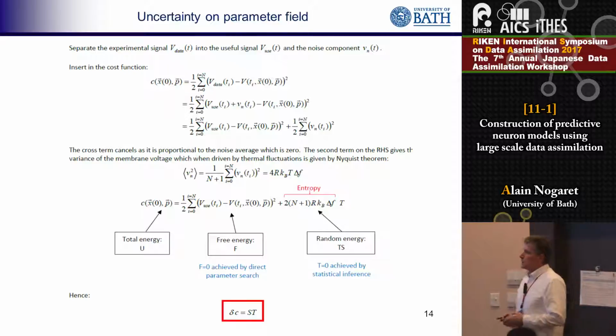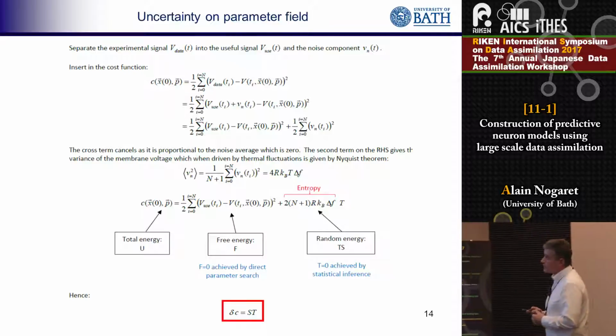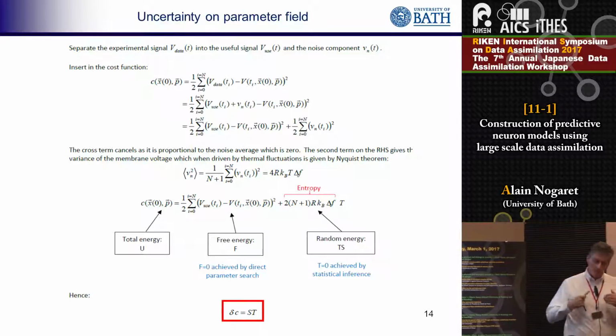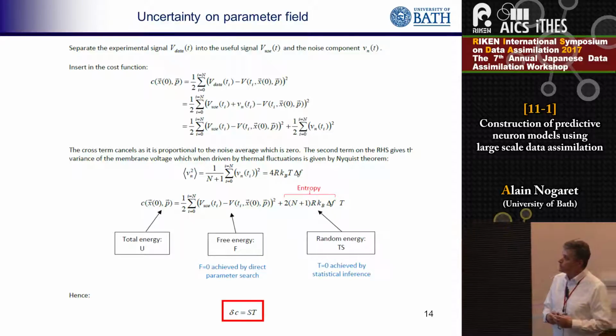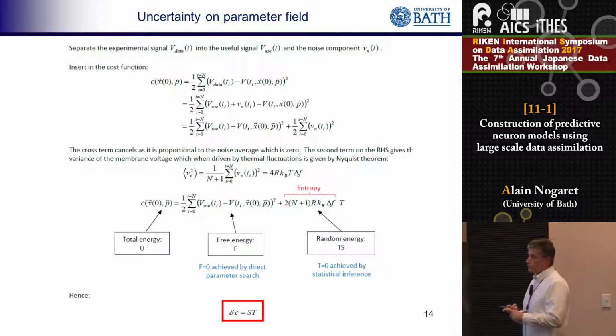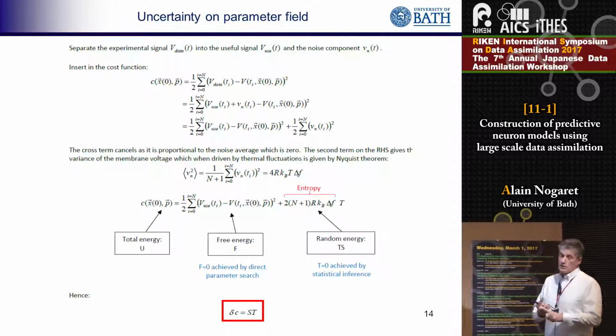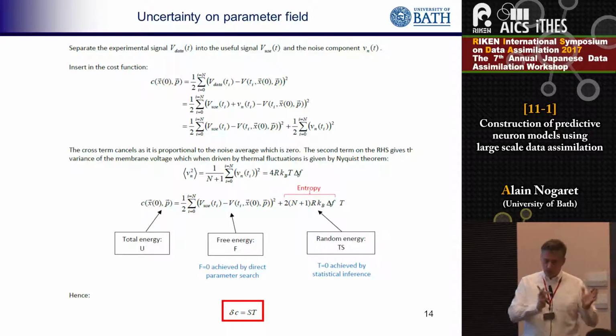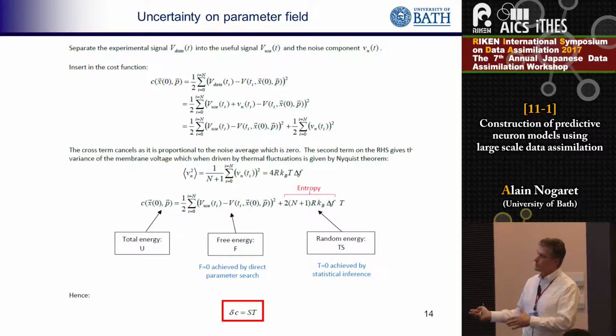When we try to build models by assimilating real data as opposed to model data, you run into a number of additional difficulties, which come from the fact that you don't know the exact model. There is noise in the experiment. Some assimilation windows will be better at constraining the parameters than other assimilation windows.